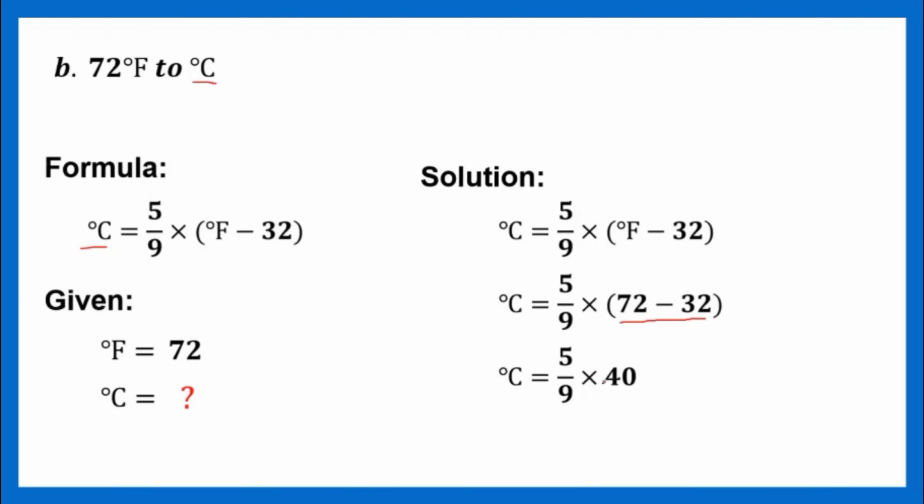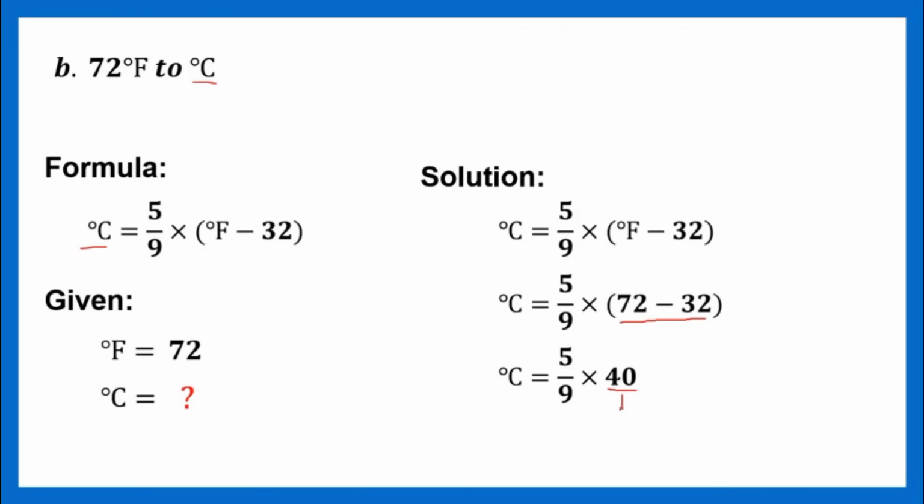Next, since multiplication, pwede natin siyang isipin na baka pwede pang ma-reduce yung 9 saka yung 40, yung denominator ng isa saka yung numerator ng kabila. Baka pwede. Meron ka bang GCF ng 9 and 40? Wala. So, kung wala silang GCF, as is na yan. Meron naman sana, kaso 1, pero hindi na siya ginagamit.